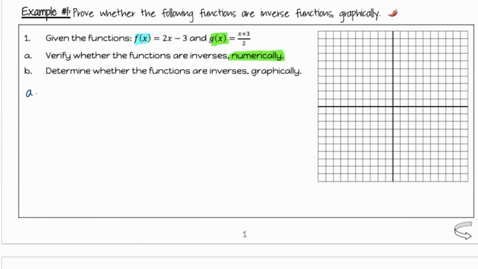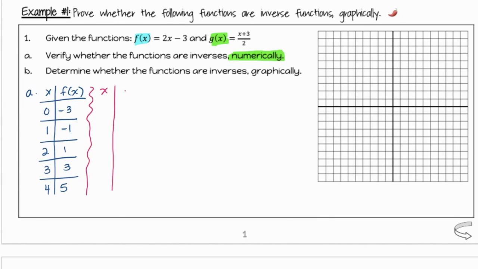If I put the first piece in my calculator and I copy the table, here are some of the values I saw. I'm going to do that again, and I'm going to input my second function. Now, when I am doing this, what I am going to be focused on is looking at the y values of f of x, and I'm only going to copy those y values from my new function.